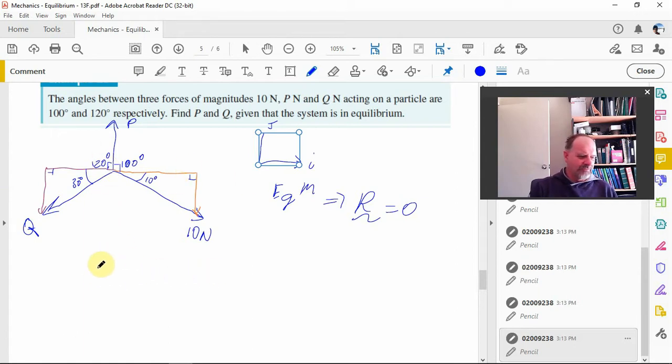So in the I direction, that's horizontally, to the right, this component here, which is next to, so it's cos, so that's 10 cos 10.